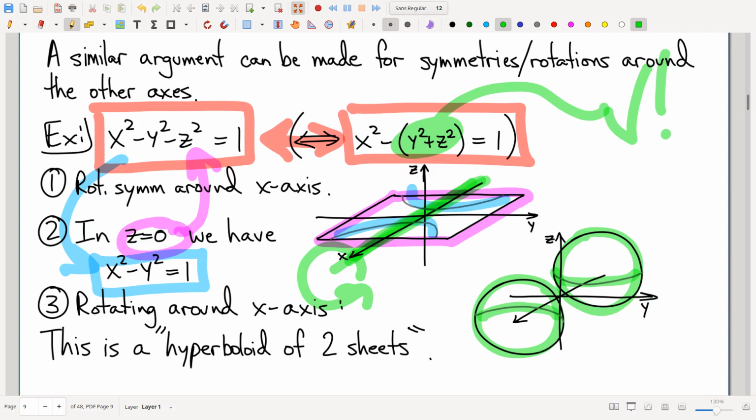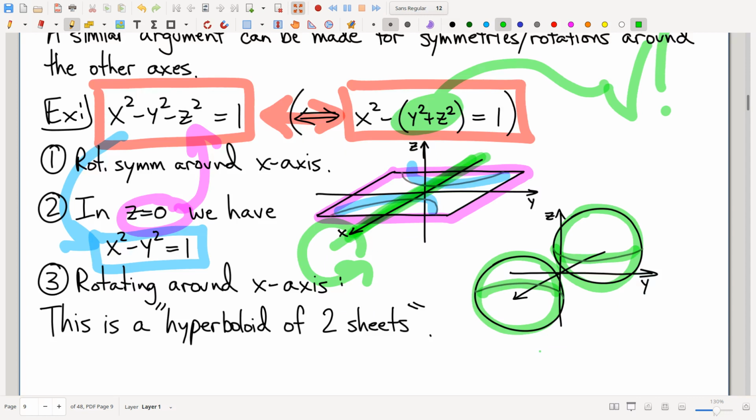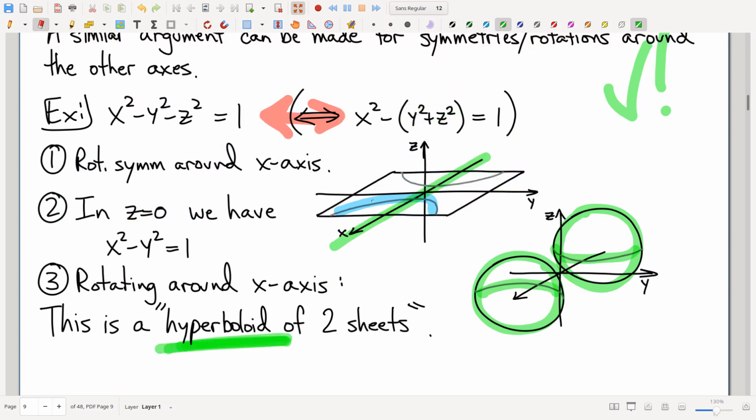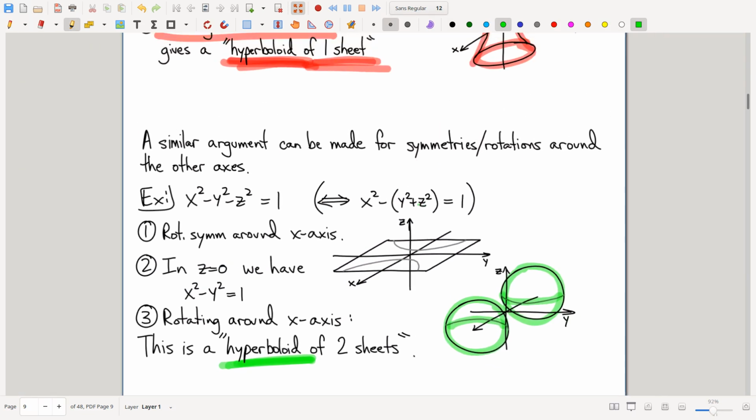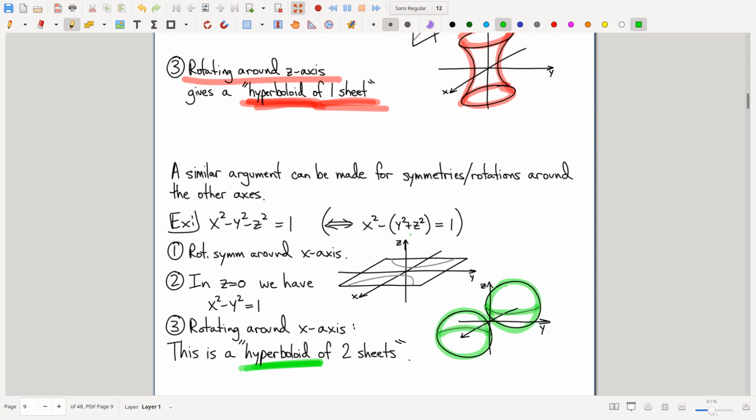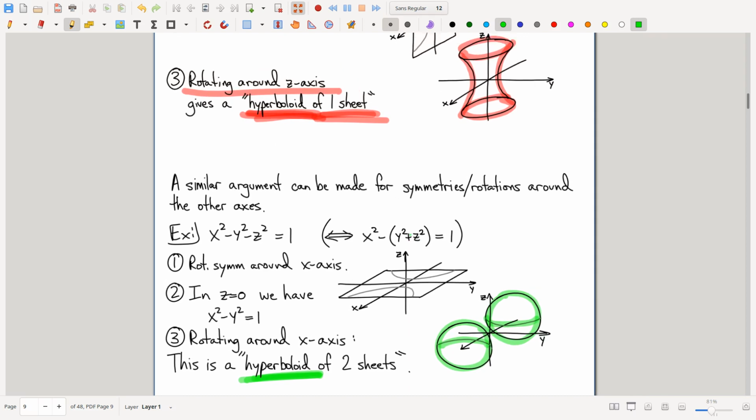But anyway, this too, you'll notice, is a rotation of a hyperbola. So this too is called a hyperboloid, and we have to specify why. Why do we have to include this clarification of hyperboloid of how many sheets? That is because these are two different surfaces.